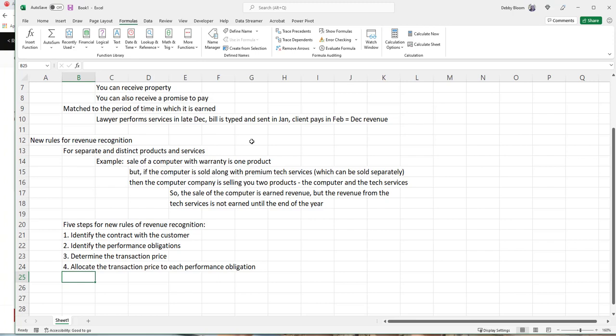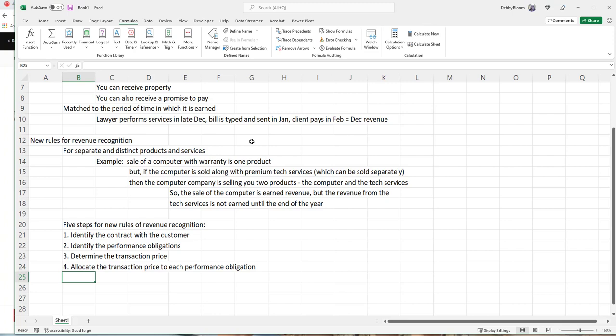So in the example above with the computer and the premium tech services, we're going to figure out how much revenue we're going to earn from selling the computer and how much revenue we're going to earn from selling the tech services, because again, they're going to be recognized at different points in time. So in step 4, we figure out, okay, of the package price, how much of that relates to the computer and how much of that relates to the tech services.